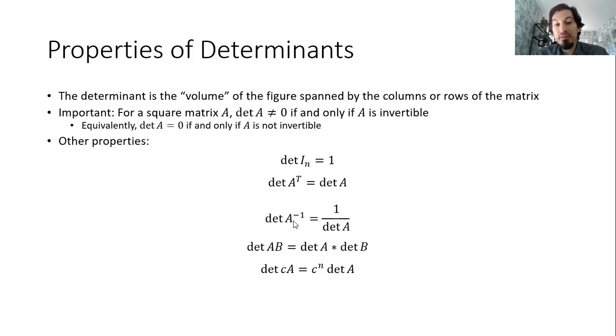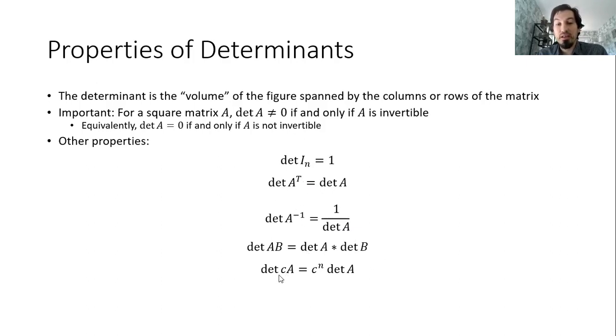The determinant of an inverse is equal to 1 over the determinant of the original matrix A. So it preserves this property that you would expect in multiplication: the inverse is sort of like 1 over A. Well, it's not exactly equal to 1 over A, but the determinant is equal to 1 over the determinant of A. And I said this one already, you can split up A and B, find the determinant of A, determinant of B, and multiply them.